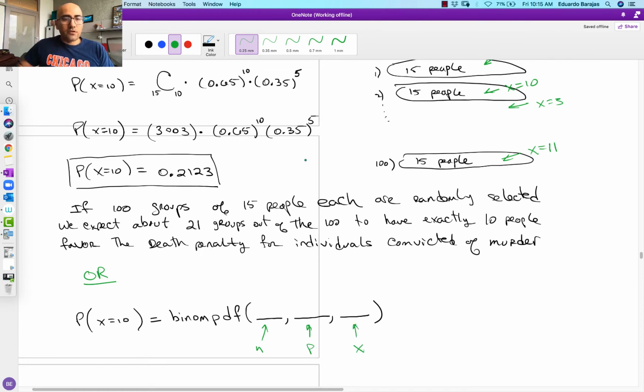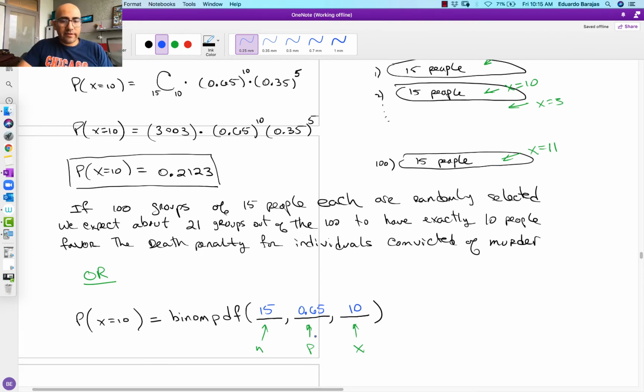In this particular example, we had 15 trials. 15 people are going to be randomly selected and asked if they support the death penalty for individuals convicted of murder. The probability of success is 0.65 for this example. And we're interested in figuring out the probability that exactly 10 out of those 15 support the death penalty. So for us, the x value is going to be 10.